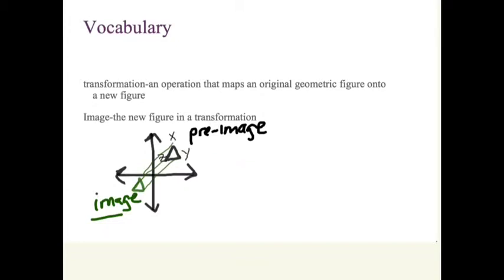The image triangle can't be called by the same name, so it's called X prime, Y prime, Z prime, because it takes its size and shape from the original triangle, whereas the original triangle is just triangle XYZ.